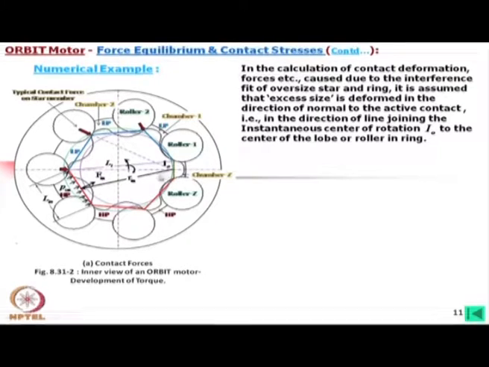The next stable condition will be when one of these two chambers is at the inner dead center. Precisely, this can be found out by pi divided by z into z minus 1. So, after every such angle this will be in a stable condition.